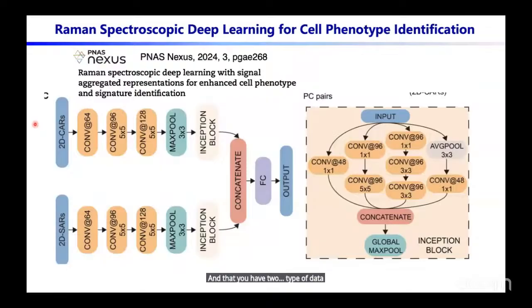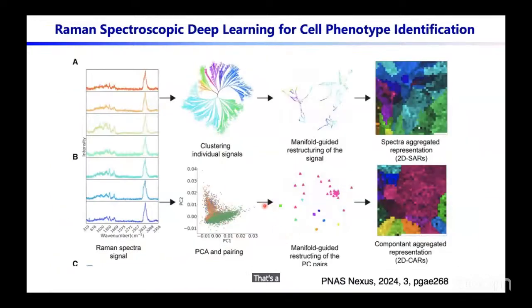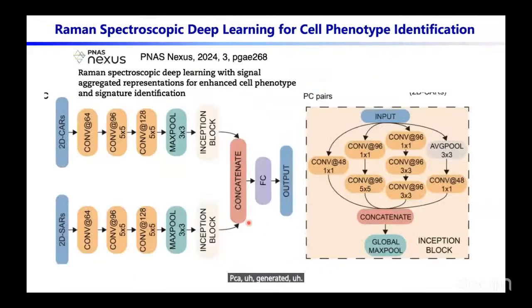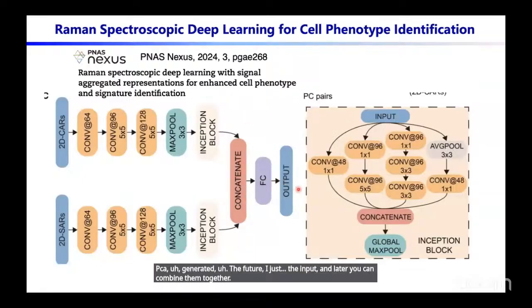You have the data of the normal processing to generate the latent feature, and you could also have the PCA-generated feature as the input, and then later on you can combine them together for deep learning purposes.